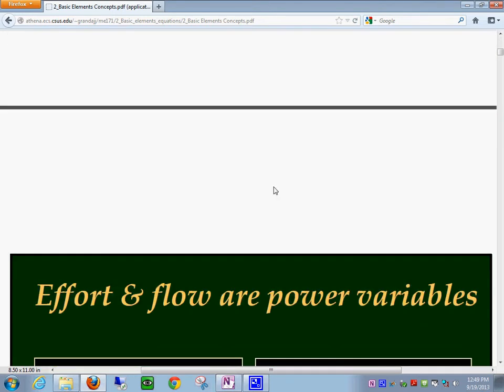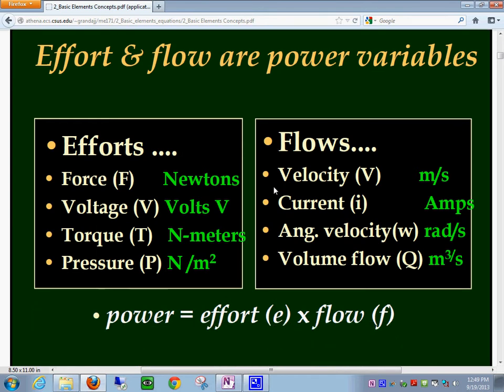we have here a little table where you have all the efforts on the left hand side on the different systems. The efforts can be a force on a mechanical system, or a voltage on an electrical system, or a torque on a rotational system, or a pressure on a hydraulic system.